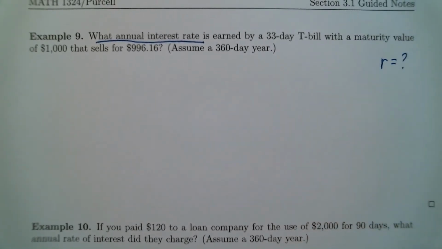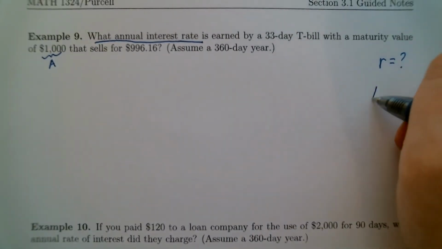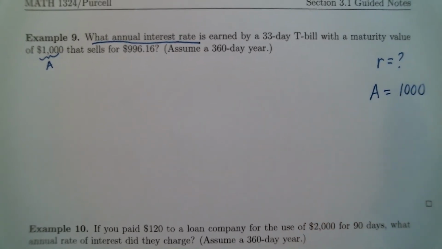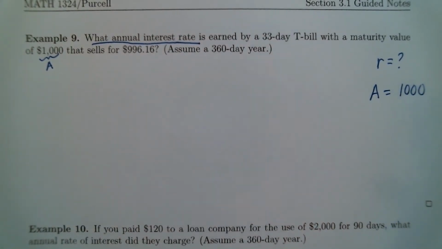We need the interest rate. What we did in the last problem when we talked about maturity value, we said that is a future value. So this is going to be your A value, the future value. A is equal to $1,000. Pretty similar to the last problem.